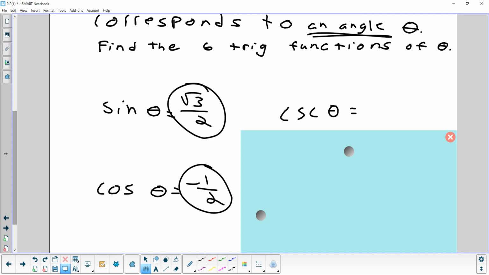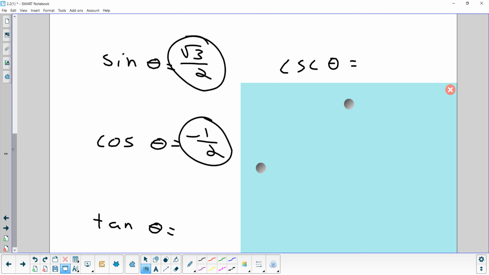Okay. James, what's my formula for tangent? For tangent. You want to help him out? You don't have to tell me in this particular problem.